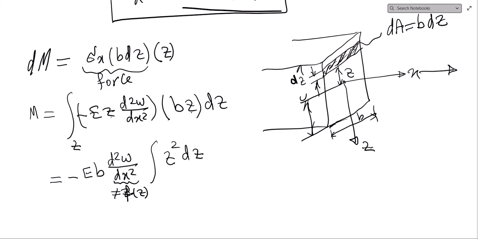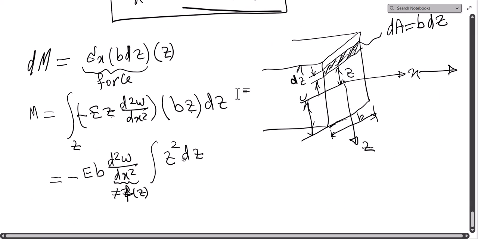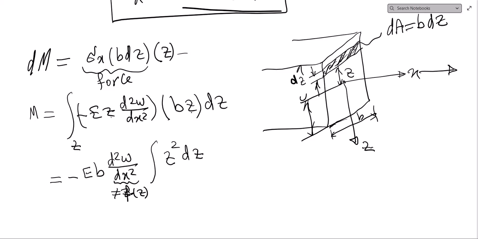Now, you can keep it actually as dA. I can write these things also as sigma x dA times z.